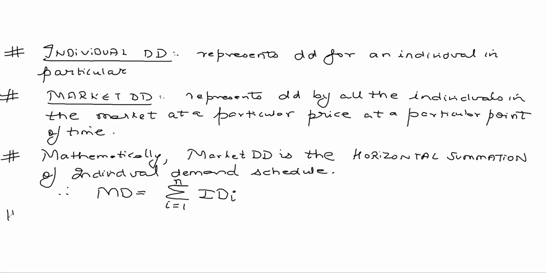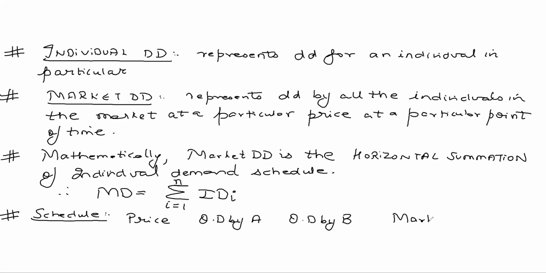I can quickly show you using a schedule. So we have price, quantity demanded by individual A, quantity demanded by individual B. Suppose I am assuming there are only 2 consumers in the market.